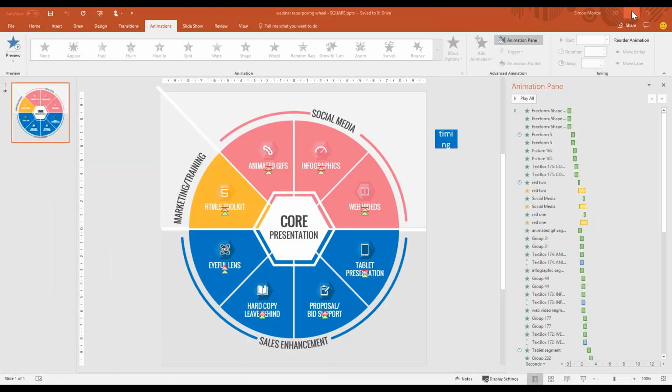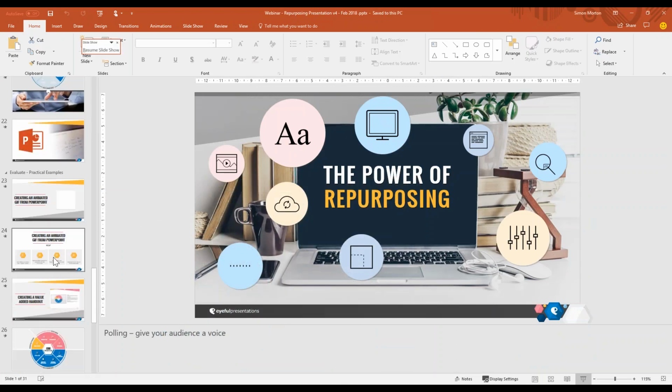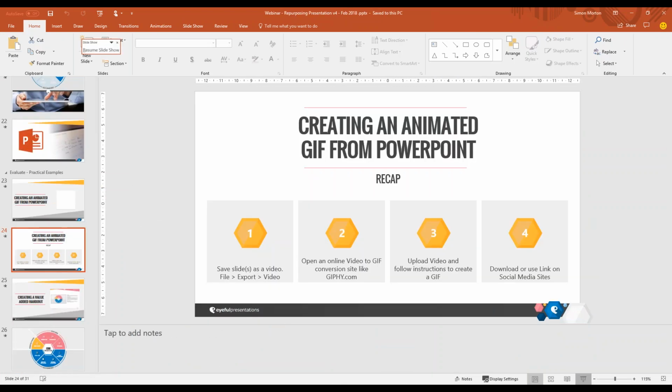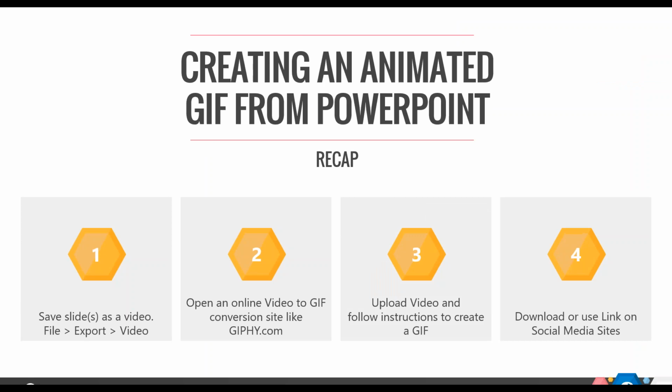So just a very quick recap. I'm just going to go back down to these slides here. Okay, so just a very quick recap, 4-step process. One is do your PowerPoint presentation, sort out the ratio and export it to video, and MP4 is perfect for those using PowerPoint 2013 and above.